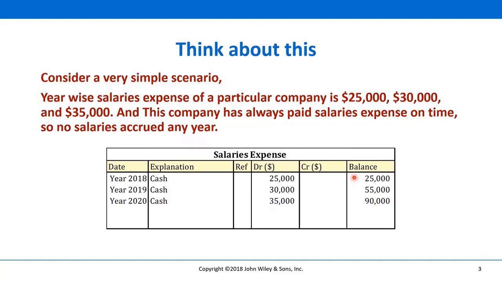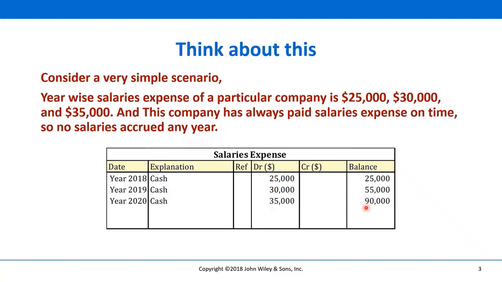So just think about that, you are preparing your financial statement for the year 2018, you are getting this balance, salary expense 25,000, you will write in the income statement salary expense 25,000. In the year 2019, you will write 55,000 because that's the balance you are getting from the ledger, and next year you will write 90,000.